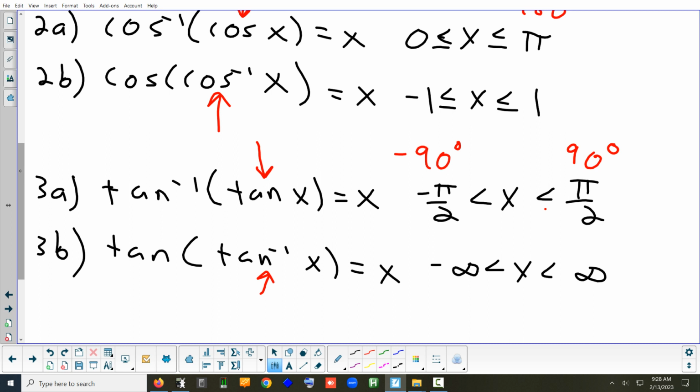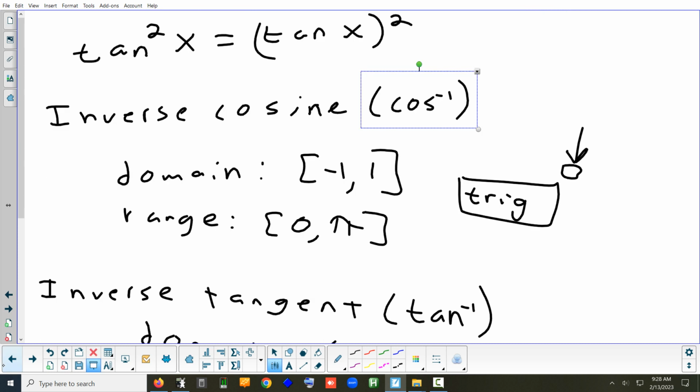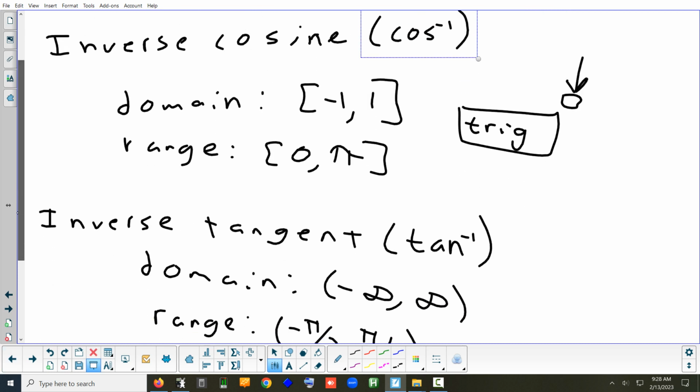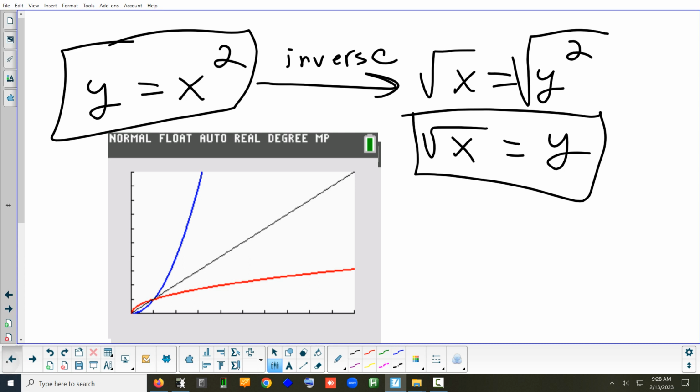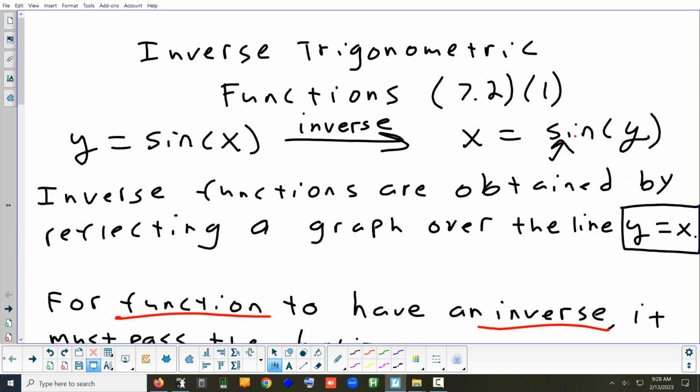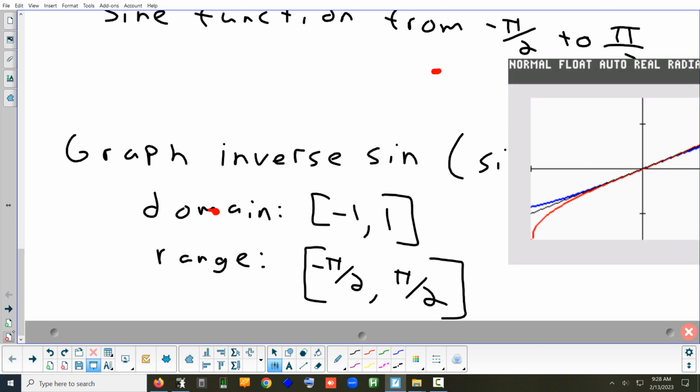So all 6 of these formulas are based off of the domains and the ranges that I gave you right there for inverse cosine and inverse tangent, and right there for inverse sine.